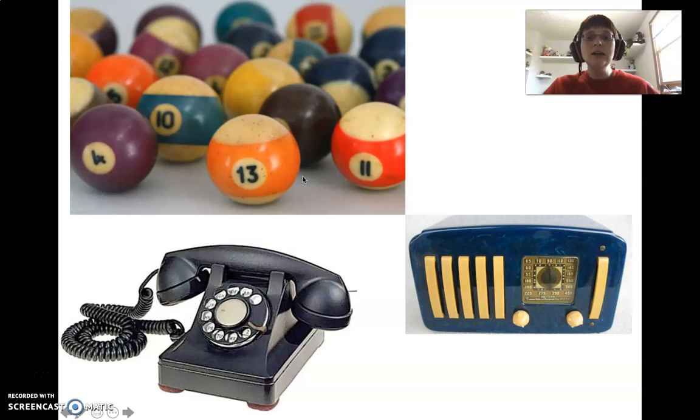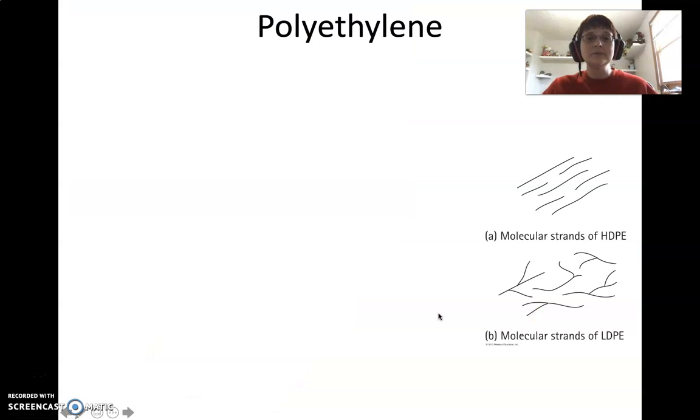Most people don't realize before thermoset polymers, most pool balls were either made out of wood or most commonly they were made out of ivory. That's right, elephant ivory. And so this actually saved a lot of elephants from being slaughtered because of their ivory for their tusks. And pretty much all pool balls that you're going to come across today, unless they're a very, very old set, are going to be made out of this thermoset polymer.